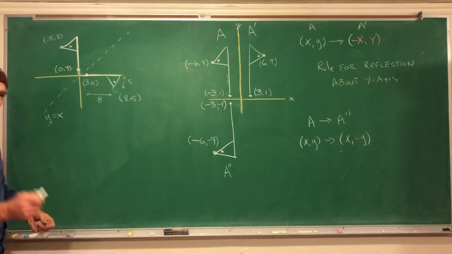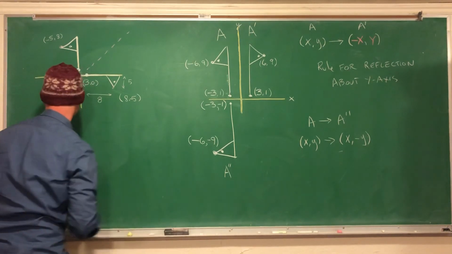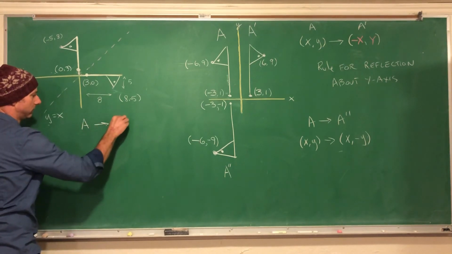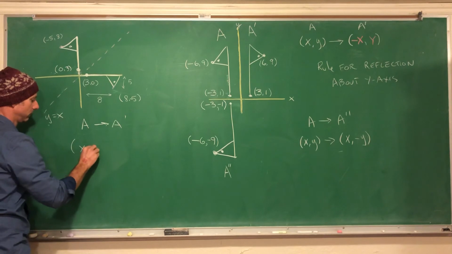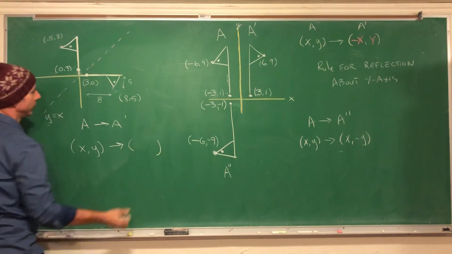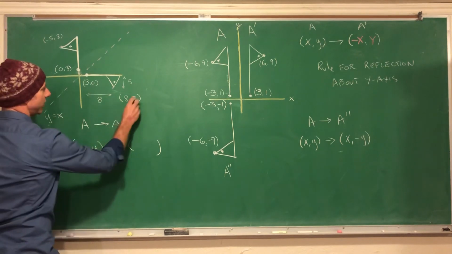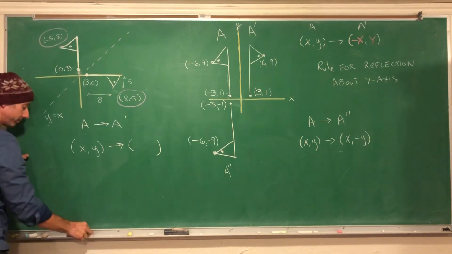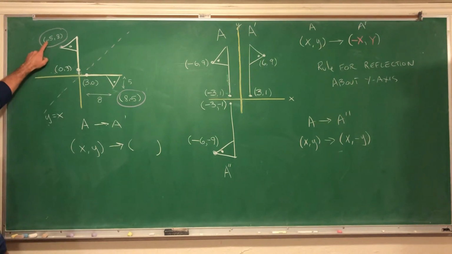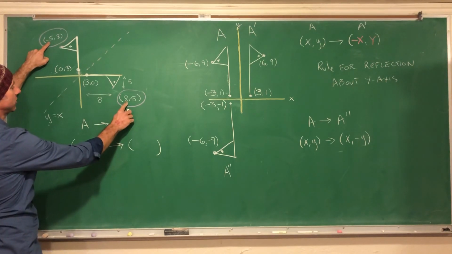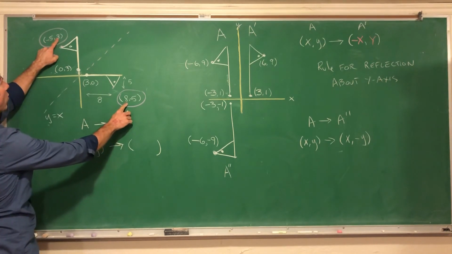I think we have enough to make a rule. I think the most illustrative one to look at is going to be these two right here. I went from negative 5, 8, which also happens to be what my y was.